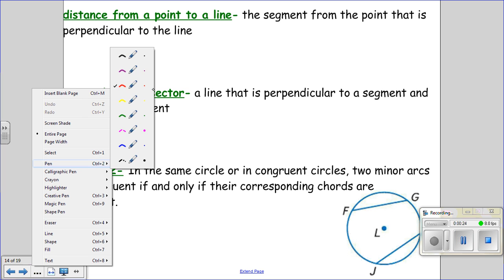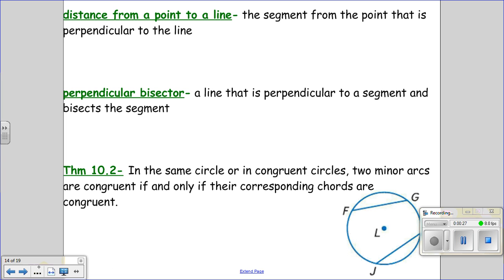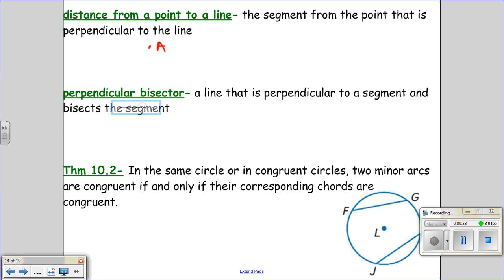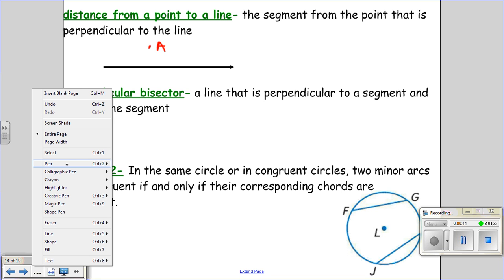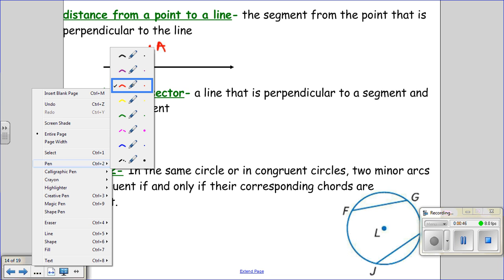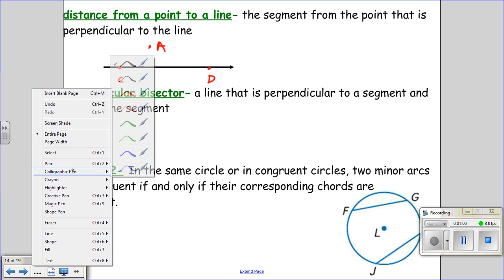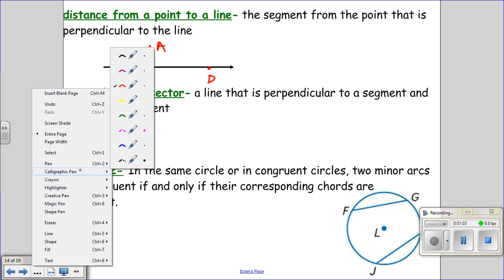if I want to know the distance that point A is from line CD, then I would find the distance or the length of this segment here.